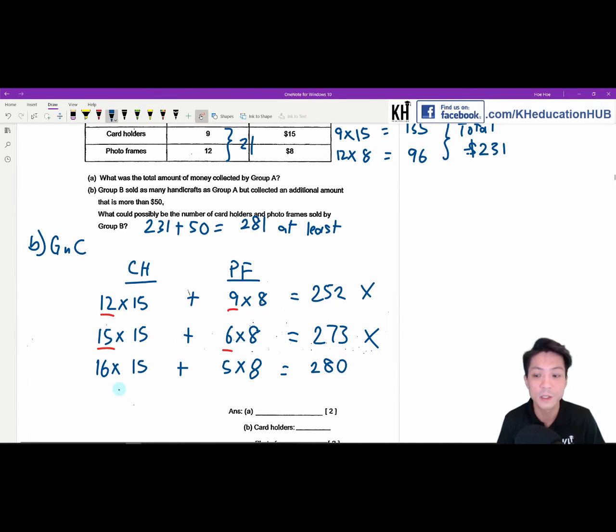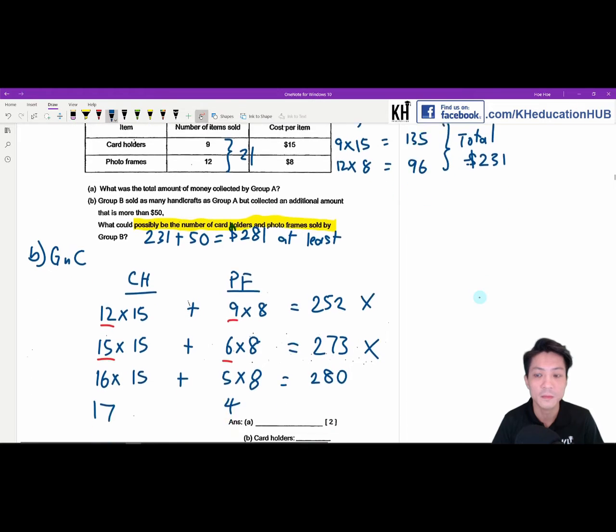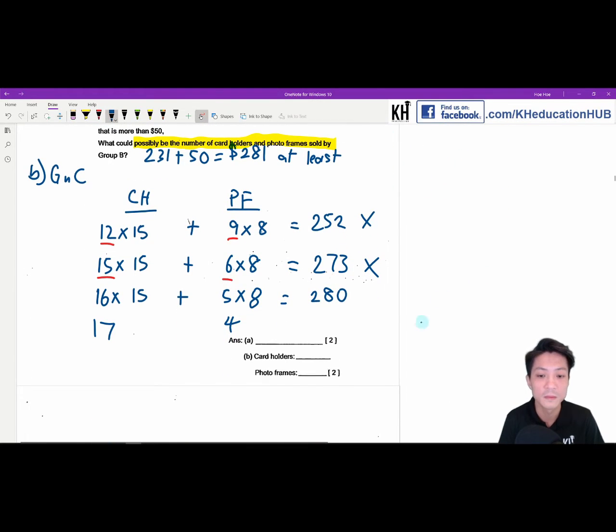So which means that if I increase one more, I'm going to exceed the $281. Okay, so they are asking for what could possibly be the number of card holders and photo frames, which means that the number will be 17 and 4. This is 231, this is 17, and this is 4.